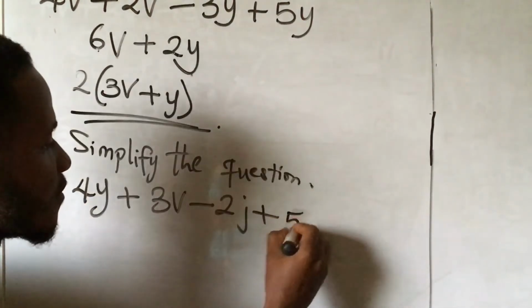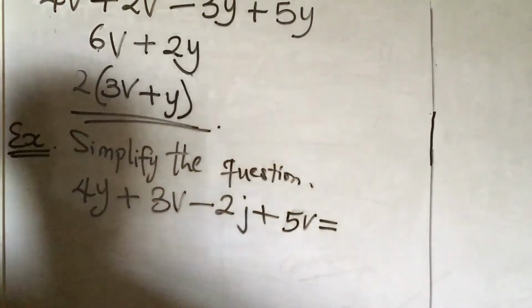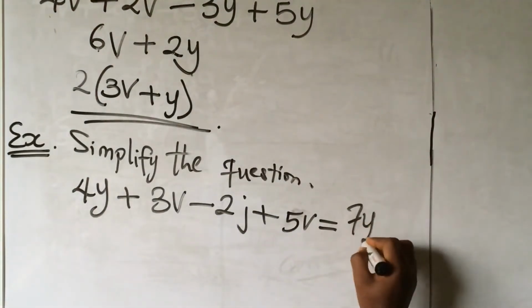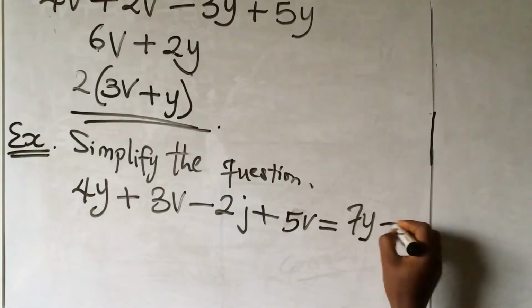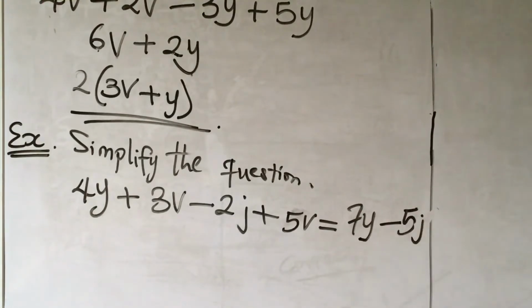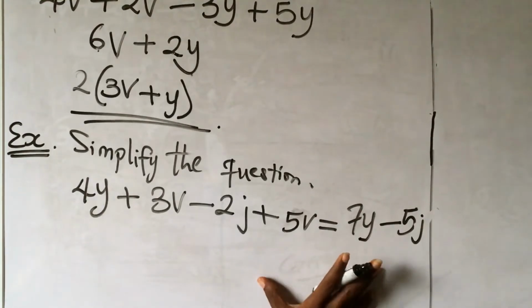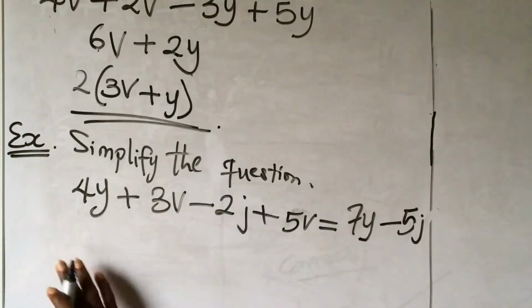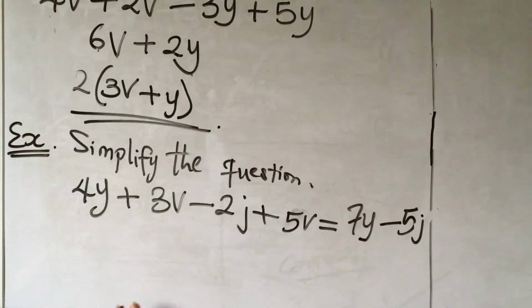Plus 5v equals to 7y minus 5j. Okay, so this is the question I have now, and I'm going to solve this question. So in solving this question, what do I need to do?